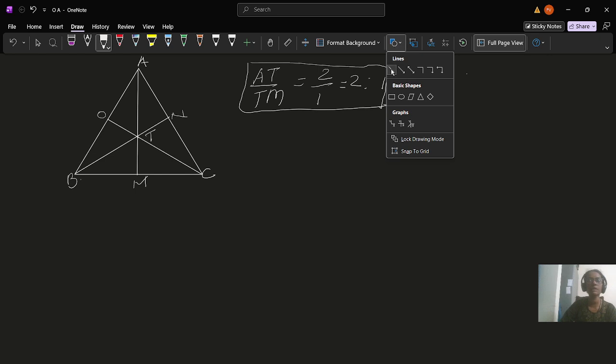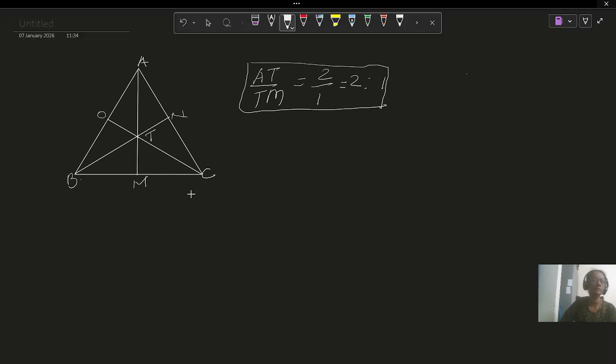We are producing the median AM such that this point, let this point be S, right? Now we have drawn this line such that ST is equal to AT, right?